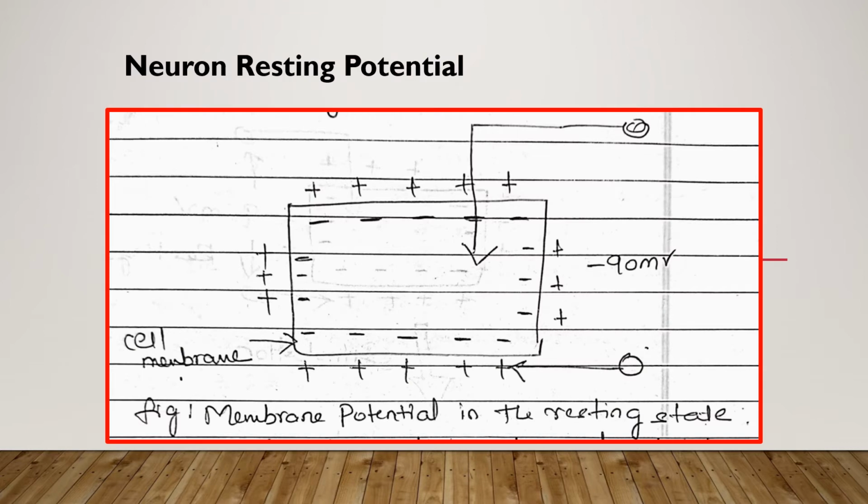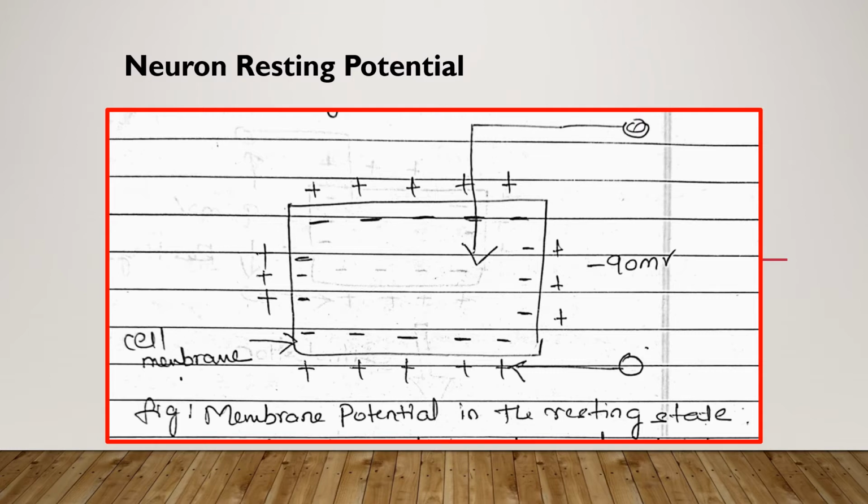Now, neuron resting potential. This figure indicates the membrane potential in the resting state. Body fluids, both inside as well as outside the cells, are electrolytic. Electrolytic means consisting of positive and negative ions. When the cell is in the resting or non-excited state, there is accumulation of negative ions inside the membrane and accumulation of positive ions outside the membrane.